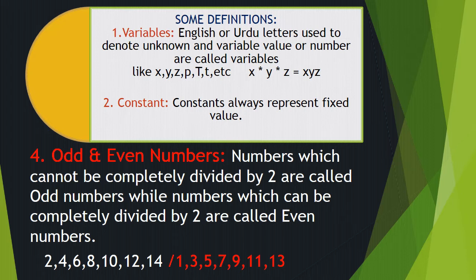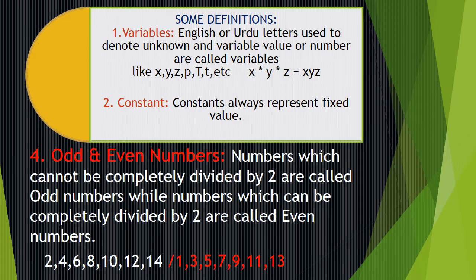But contrarily, a variable, for example, x is a variable. It takes the value of 2 in one question, the value of 9 in another question, and a negative value in another problem. That is why they are called variables.